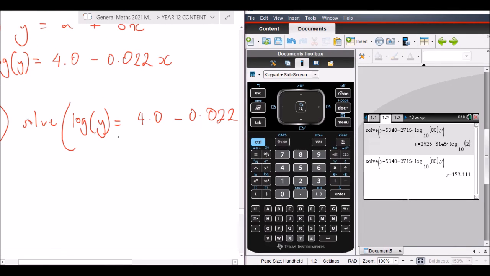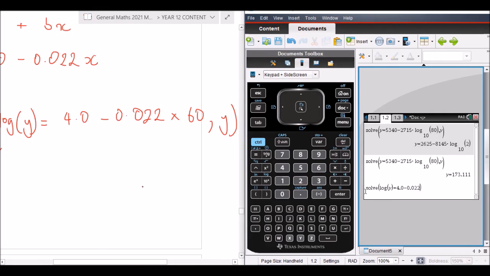Okay, so let's put that in our calculator. It's going to be solve. Log y, put that in brackets, don't forget, equals 4.0 minus 0.22 multiplied by 60, comma y, because we're looking for the y variable.